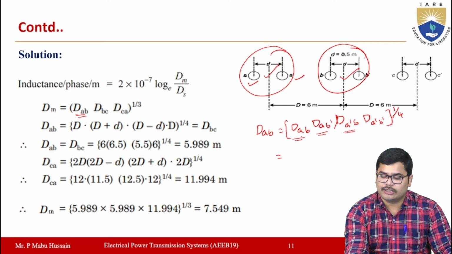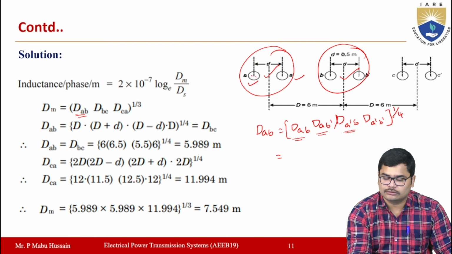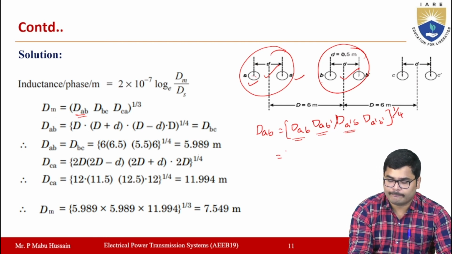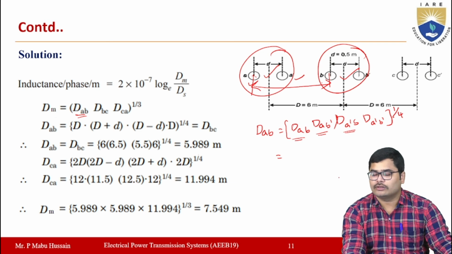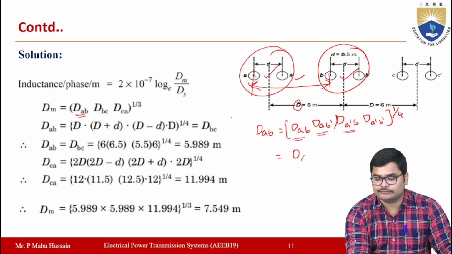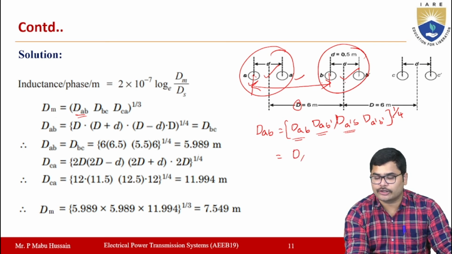So DAB here, if you see, is the distance from here to here, which is the same as capital D. Okay, DAB is capital D. Now if you see A to B dash, the value will be equal to D plus d here.